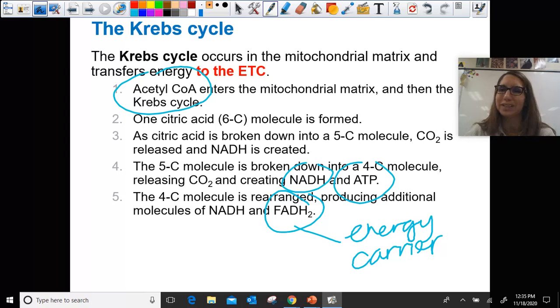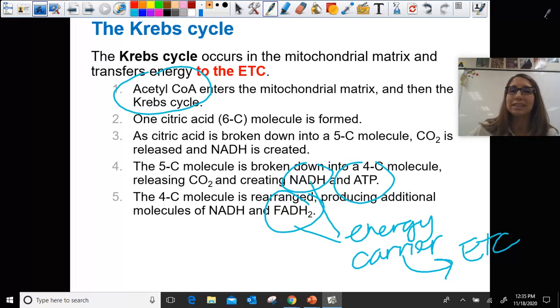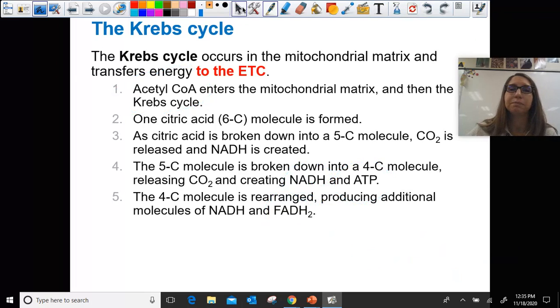It is the whole reason why we do cellular respiration, okay? So it doesn't serve as an energy carrier. Only my NADH and my FADH2 can serve that role. Those are going to be produced here, and then just like we saw with glycolysis, they move on to the third and final stage, which is the ETC.